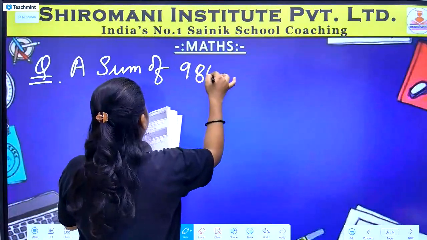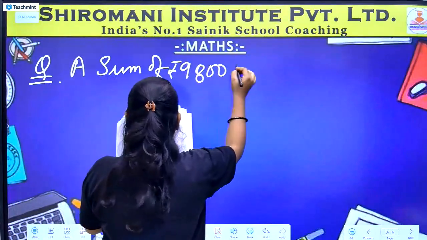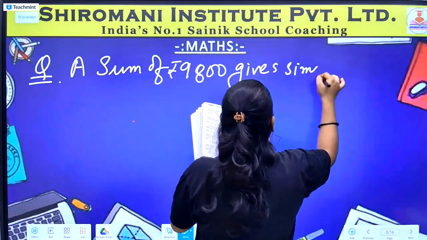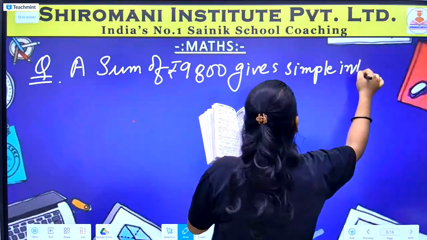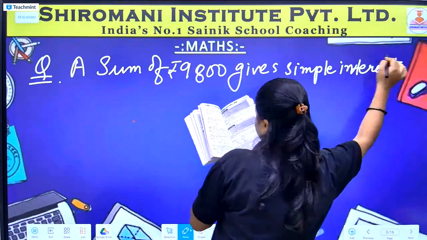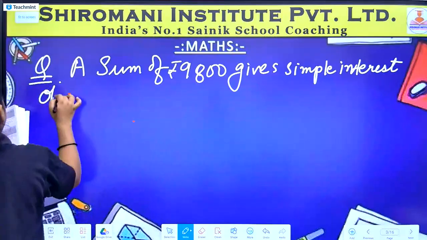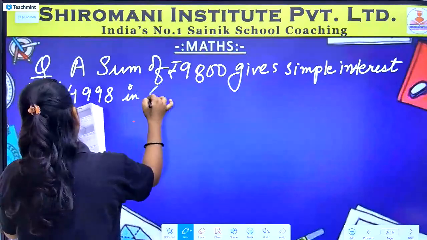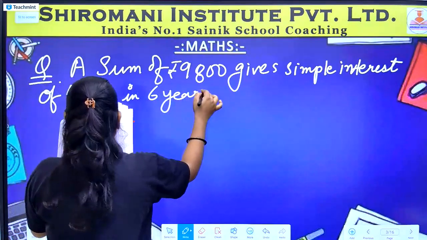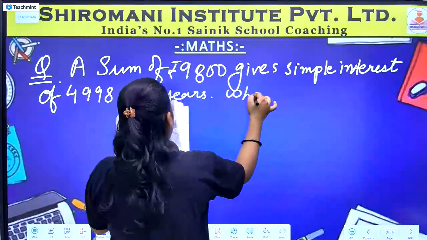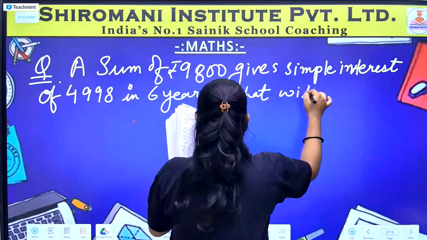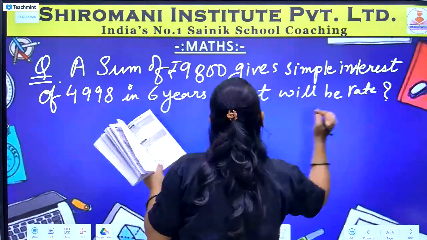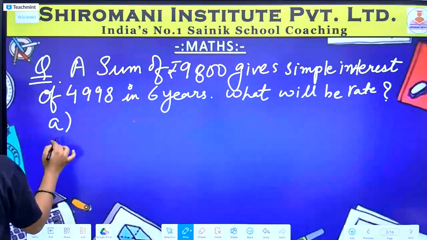A sum of 9,800 rupees gives simple interest of 4,998 in 6 years. What will be the rate of interest? Okay, you have to find the rate again.